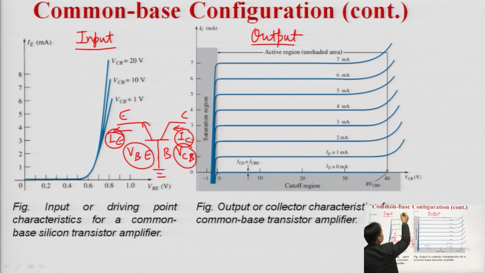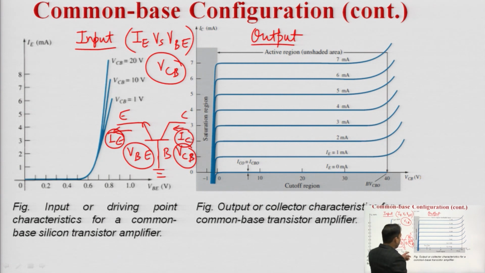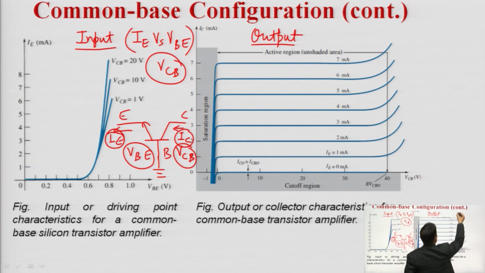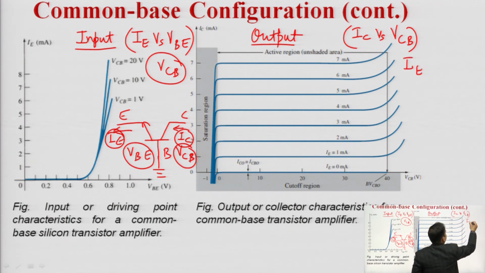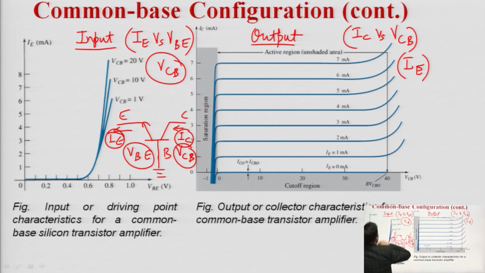So, the input characteristics will be between IE versus VBE for different values of collector to base voltage VCB, whereas the output characteristics will be between IC versus VCB for different values of IE, which is the emitter current. First of all, we will see what kind of characteristics we have for input.